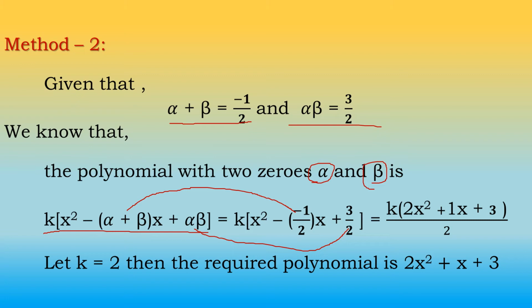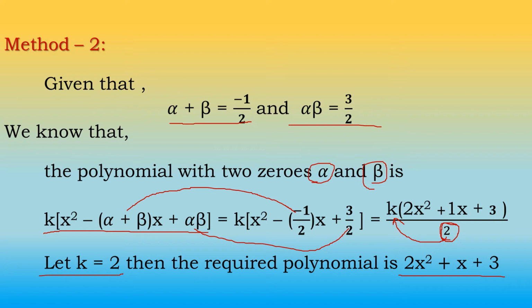Now what is the denominator we have here? The denominator value is 2. When the denominator value is 2, the value of k we need to consider as 2. So let k be equal to 2. Now by taking k equal to 2, we have the final quadratic polynomial 2x square plus x plus 3.